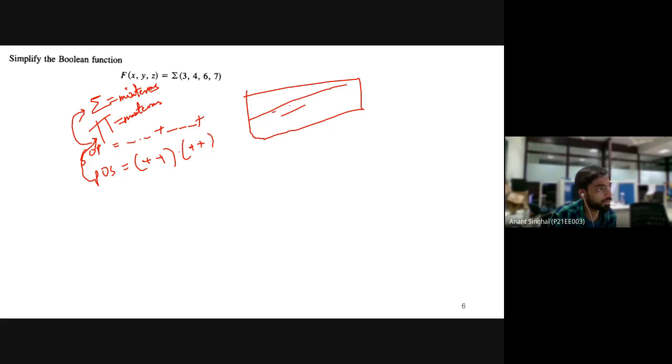Okay, let me try to solve it now. So I make a K-map out of it. It is a three variable K-map. So it will be something like this. Okay, my bad.